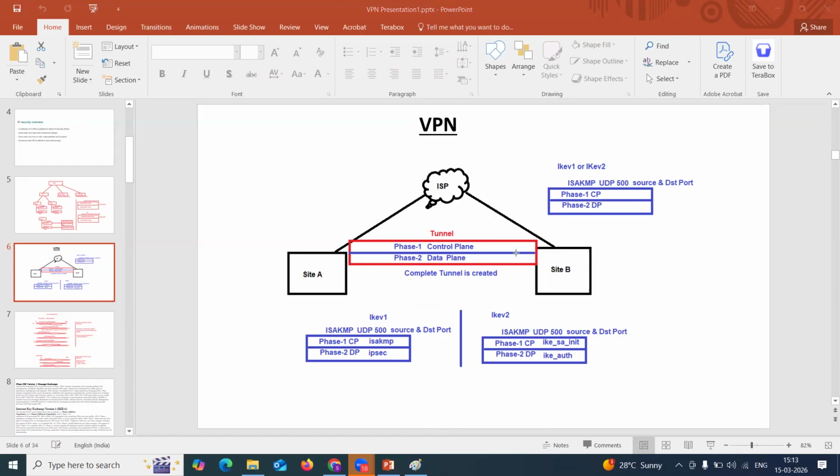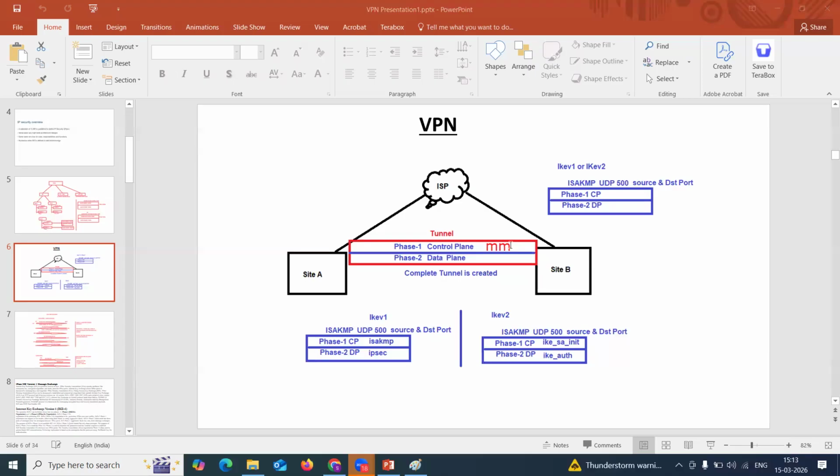Phase one is called control plane, and phase two is called data plane. In phase one, how many message exchanges are there if I have main mode? And in phase two, what is the mode?